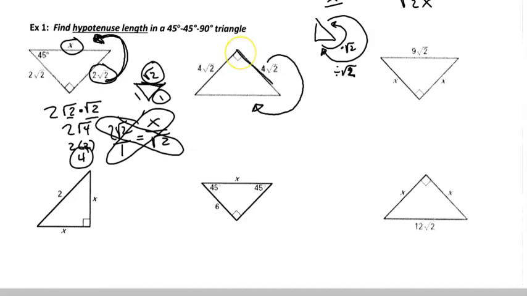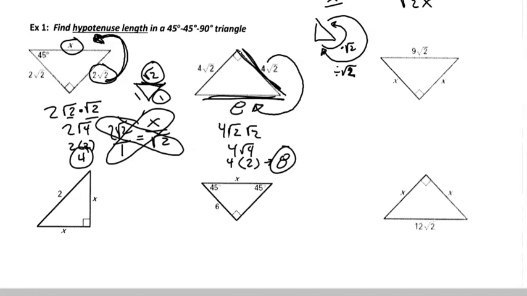So here, we're going from a side that's shorter to something bigger, so that would be multiplying. So what number do we multiply by? Rad 2. So we do 4 rad 2 times rad 2, and you get 4 rad 4. We already talked about rad 4 being 2, and 4 times 2 is 8. So that side must be 8 right here.